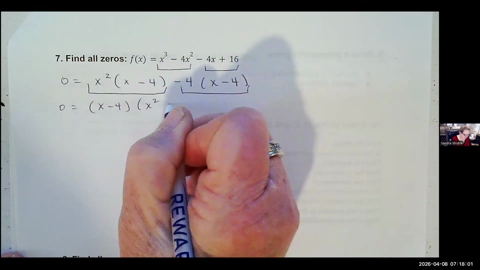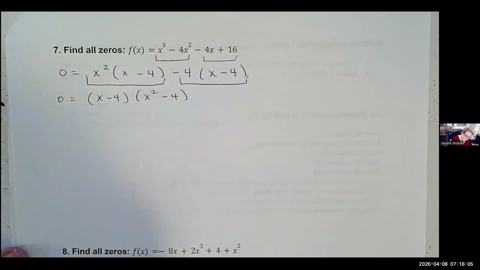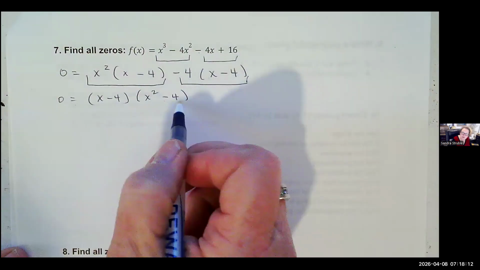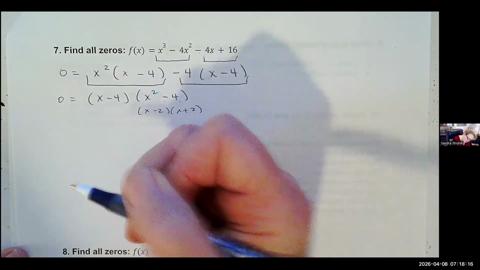Now there's 2 different options here. You can either go ahead and set these each equal to 0, or you can continue factoring. This is the difference of 2 squares. It does factor to x minus 2, x plus 2, if you want to do that, or you can use a square root property. It's your choice. I'm going to go ahead and do this.